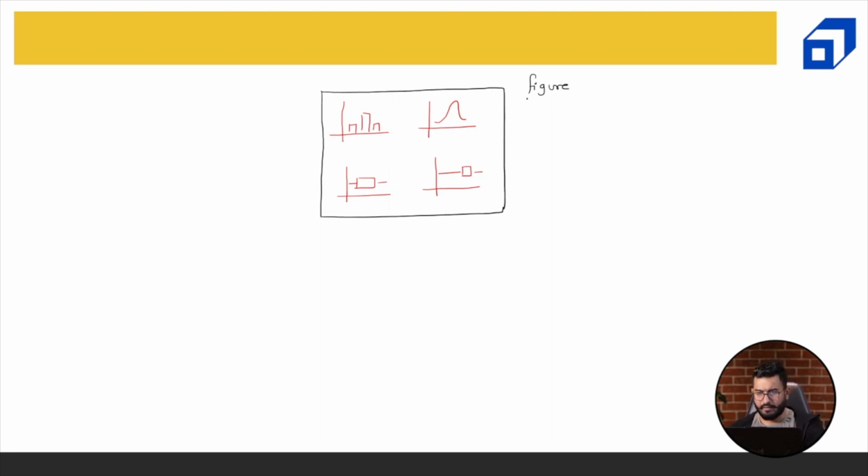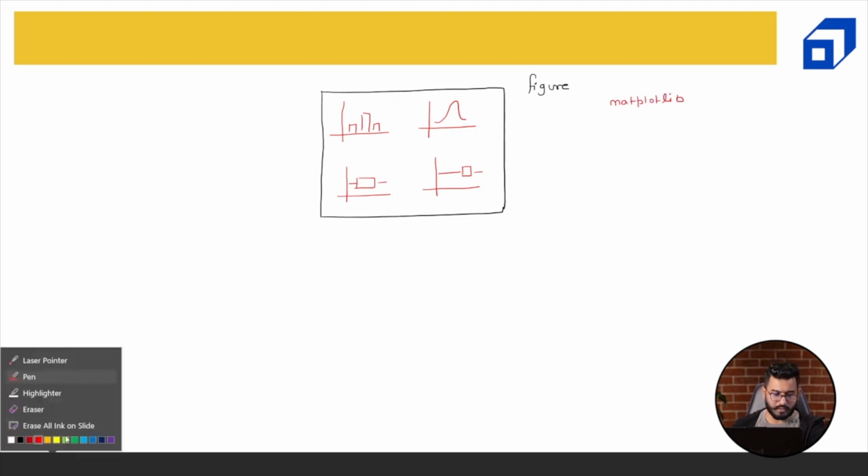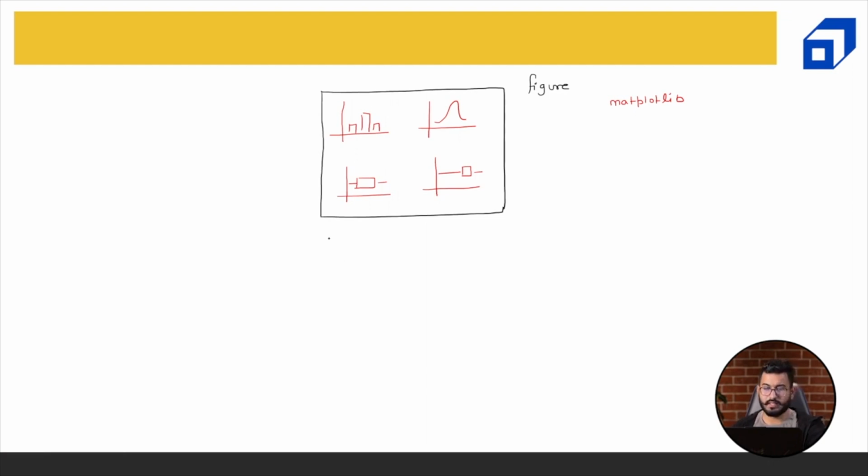Now, since I have to plot multiple plots on top of the figure, we'll be using the Matplotlib library to make this happen. The Matplotlib library comes with a function known as subplot.